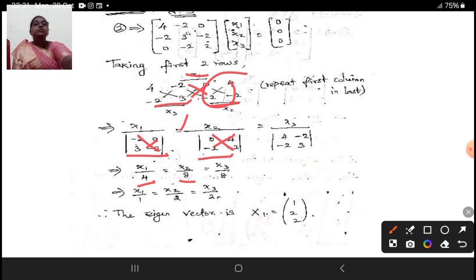And then for x3 we wrote these two, first cross minus second cross, the value becomes 8. So we got 4, 8, 8, and we can take 4 as a common term. At last we got 1, 2, 2 as the three values. So we got the first eigenvector, that is x1 equal to 1, 2, 2.